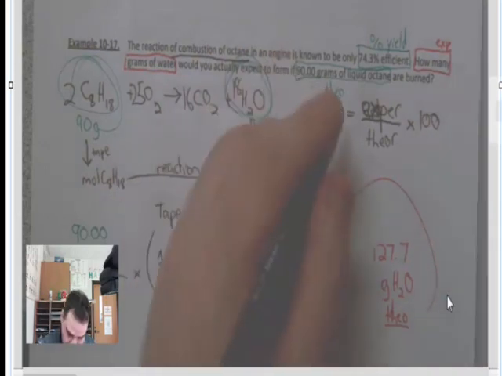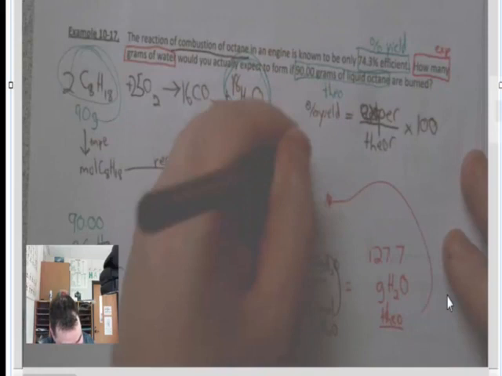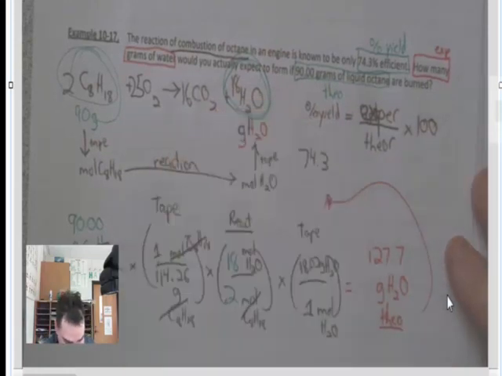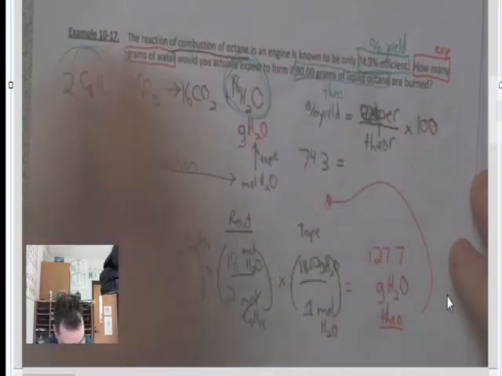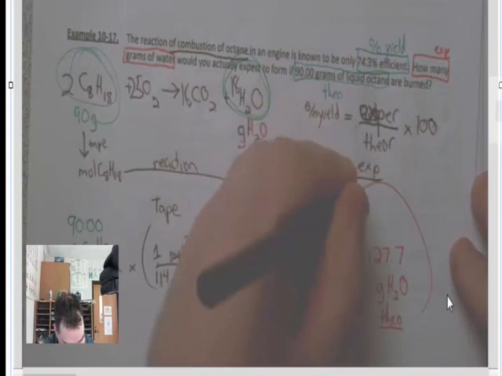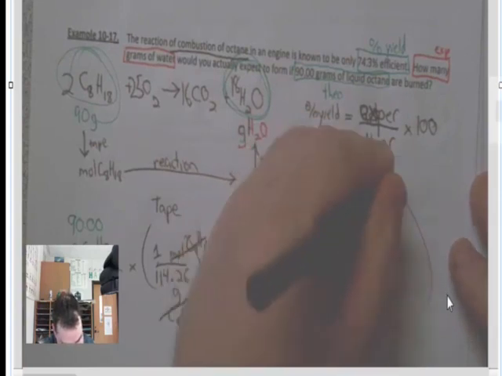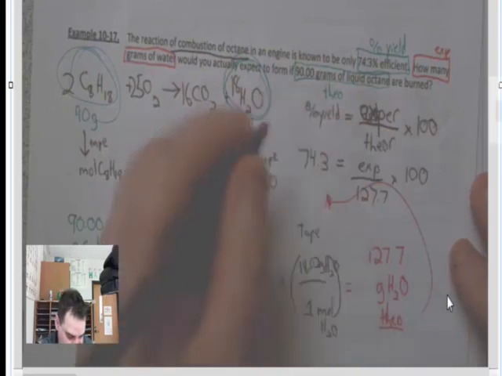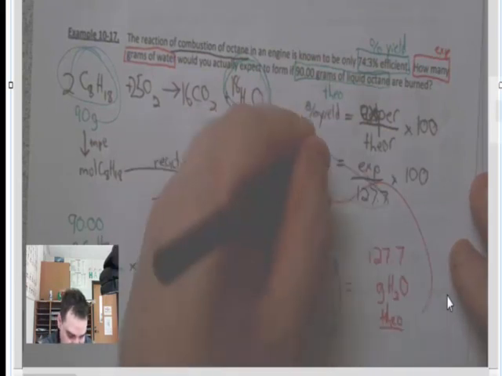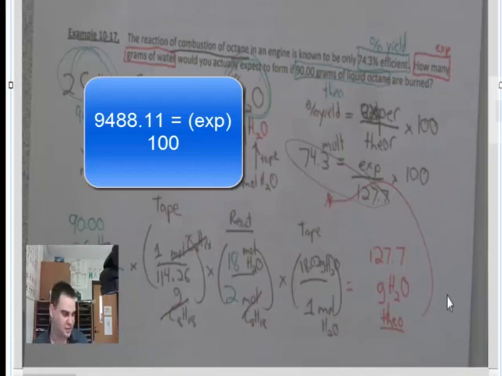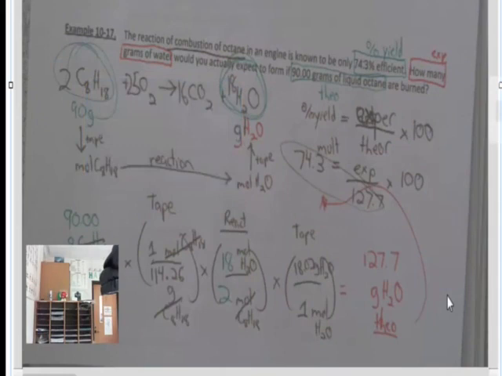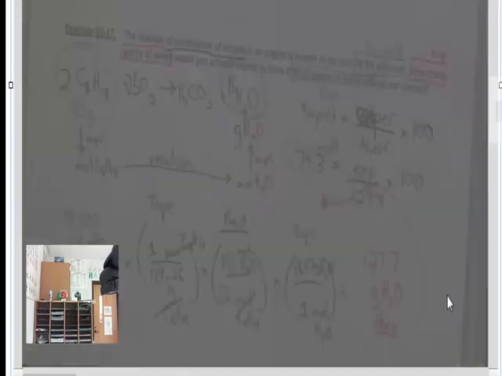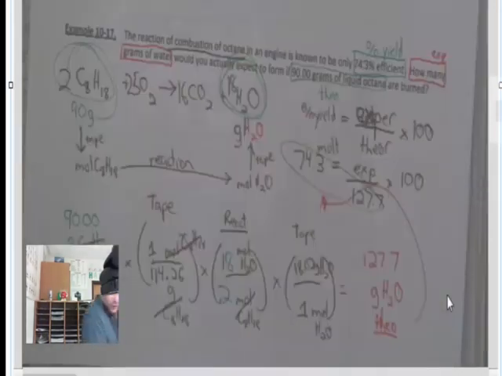Okay, so here we go. This is 74.3 equals, because that's the percent yield. Experimental is what I'm looking for. Over 127.7 times 100. So what I'm going to do is I'm going to cross multiply these two first, because I'm going to get rid of fractions first.